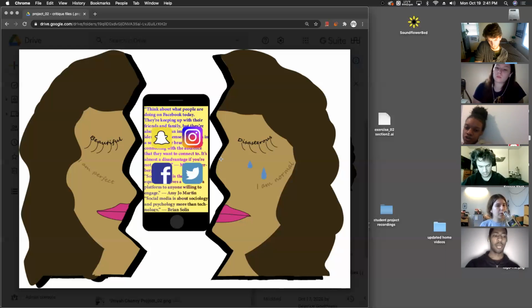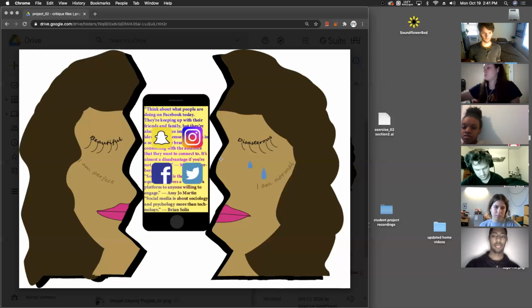Visually, the differences I can see now are that the right side has the teardrops, and they both have different quotes. But I think it would be stronger if you made the second half of the image a little bit more distressed visually.